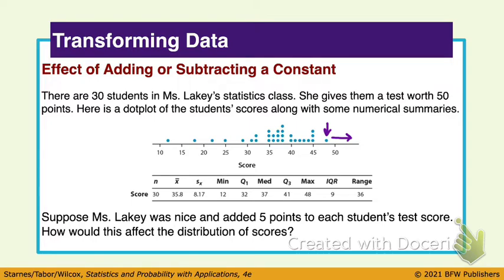He's going to go from a 48 to a 53, sorry. All these kids who got a 45, if I add 5 to their scores, then we're going to be at a 50. And so everybody is just going to move up by exactly 5 for every single number, right? So this guy who got a 25 has now got a 30. So we're just moving every number up by exactly 5.